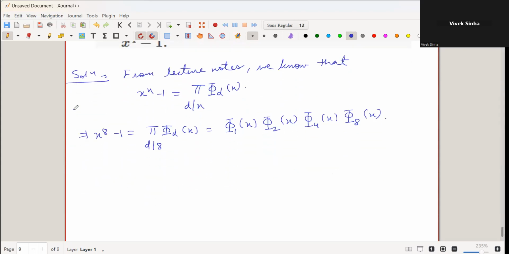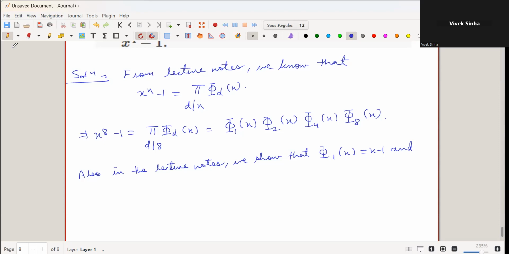Also, in the lecture notes, we show that phi_1(x) is x minus 1.